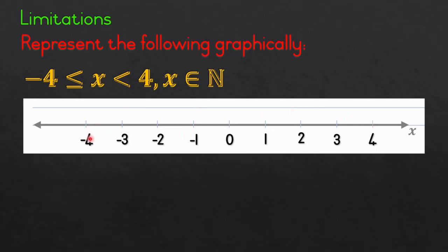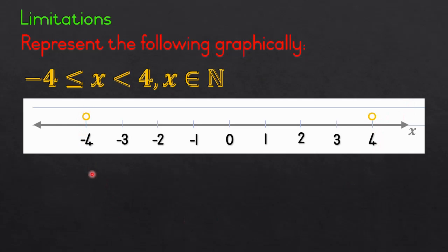If we look at -4, it says that -4 is included. However, -4 is not a natural number, therefore we have an open circle. If we look at 4, which is our other limitation, 4 is excluded on this side, however it is a natural number, therefore it's still an open circle.